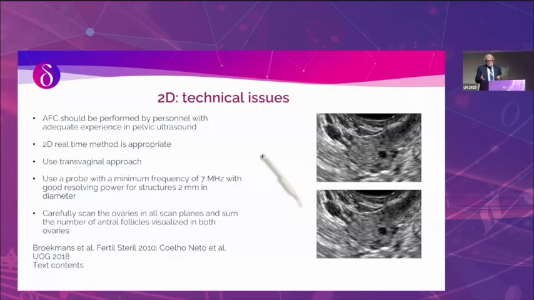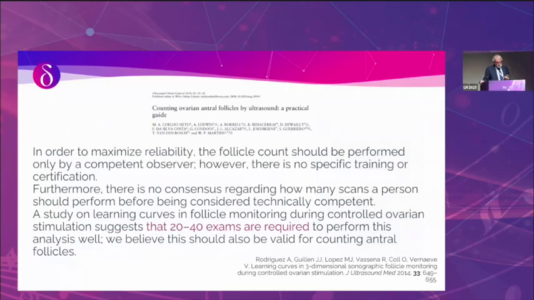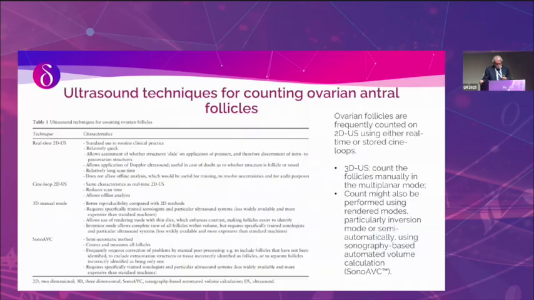It's relatively easy, and the time is short, just a few seconds for each ovary in the majority of cases. But you have to have a learning curve, as for everything in medicine. It's not so long a curve, probably 20 evaluations are absolutely sufficient.